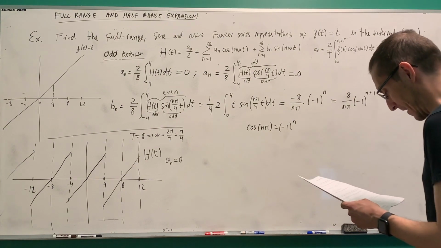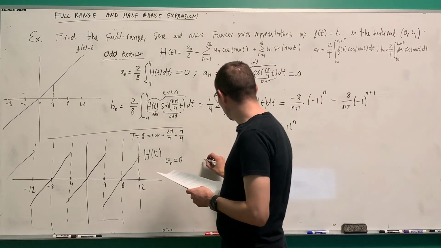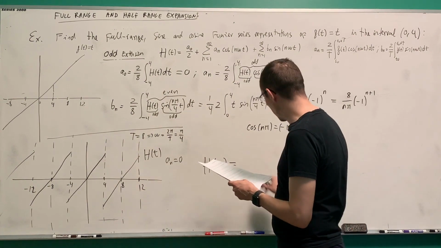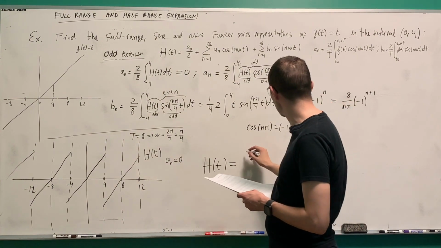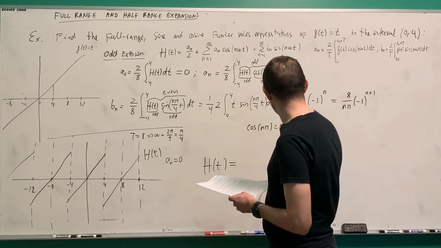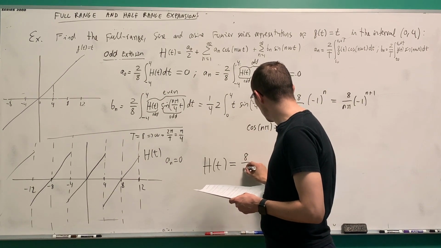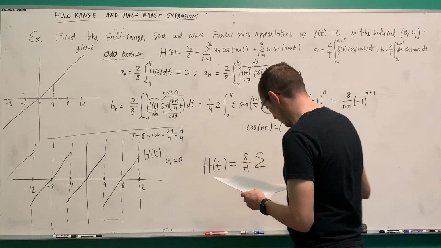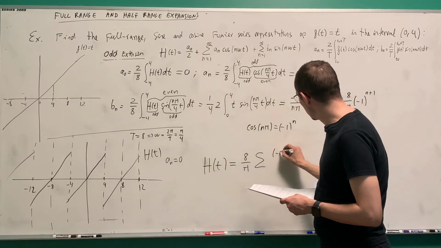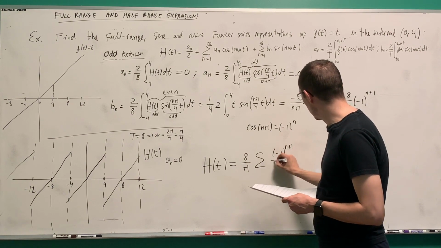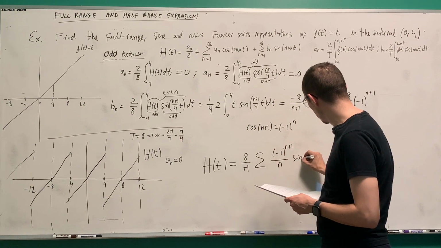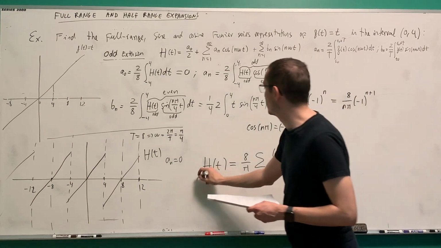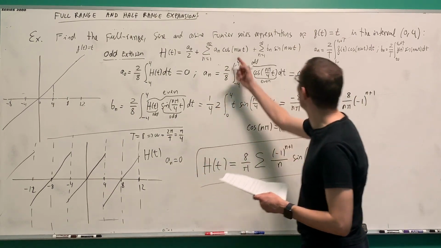All right. Now we can write the series finally, and we get h of t. This one is easy. There's no a0, there's no a, so directly we write the an terms, the bn terms. So the constants I write out, 8 over pi, and then this is the sum of minus 1 to the n plus 1 divided by n sine of n pi over 4 t, and that's the result. Just directly substituting from here.